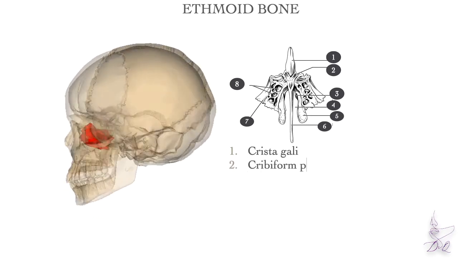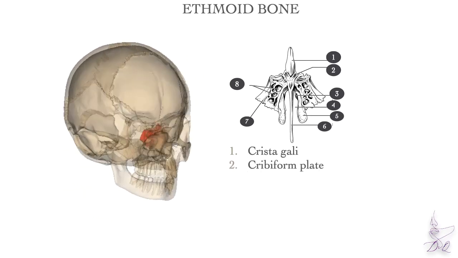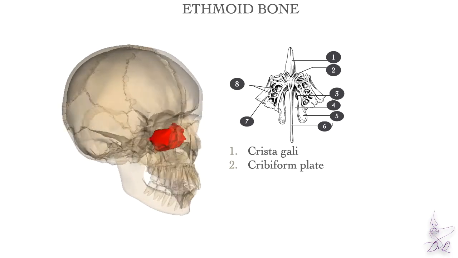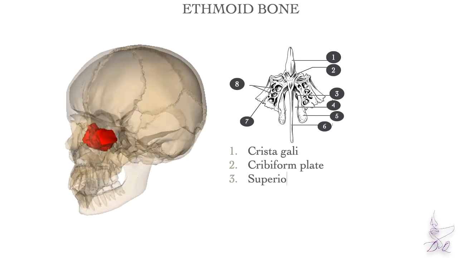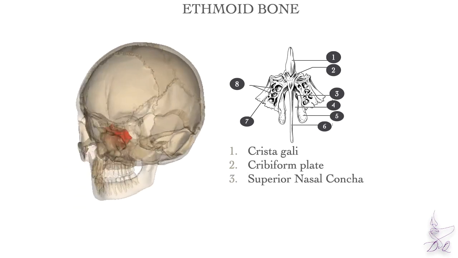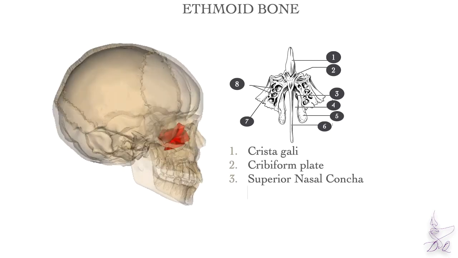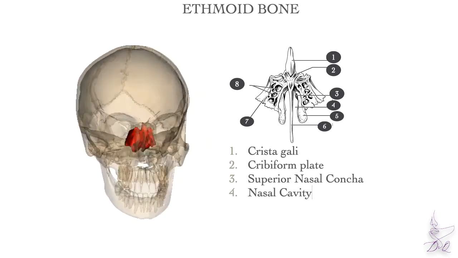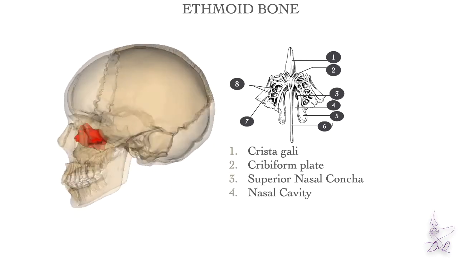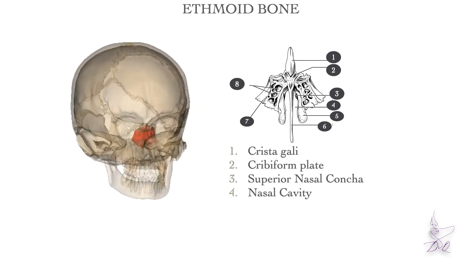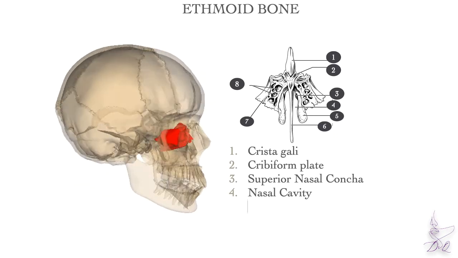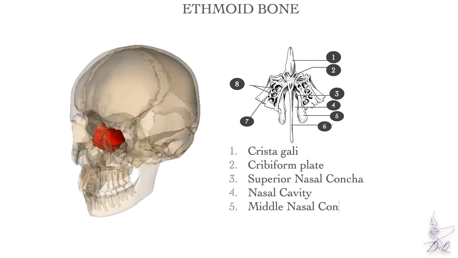The labyrinths form two of the biggest structures in the nasal cavity, the superior and the middle nasal concha. The hiatus semilunaris separates the ethmoidal bulla and the uncinate process. It constitutes the connection between the frontal and the maxillary sinuses to the anterior ethmoidal cells.